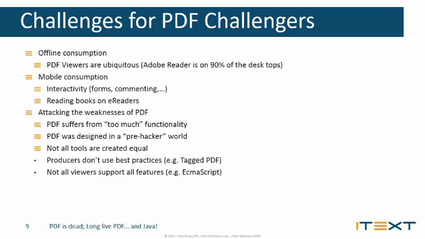So if you have some online references or external images, you'll have to take care of that. PDF viewers are ubiquitous, and so are browsers, but EPUB readers maybe not that ubiquitous. You need to make sure that the documents are available for mobile consumption.